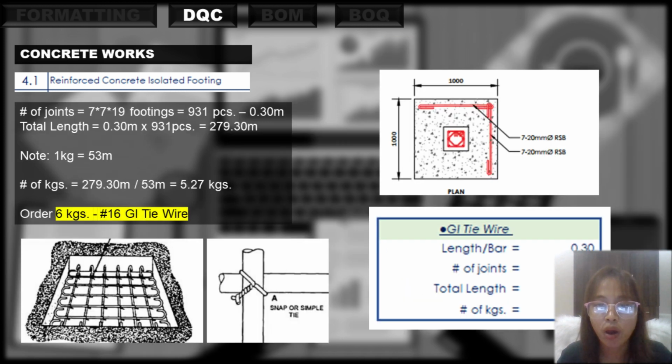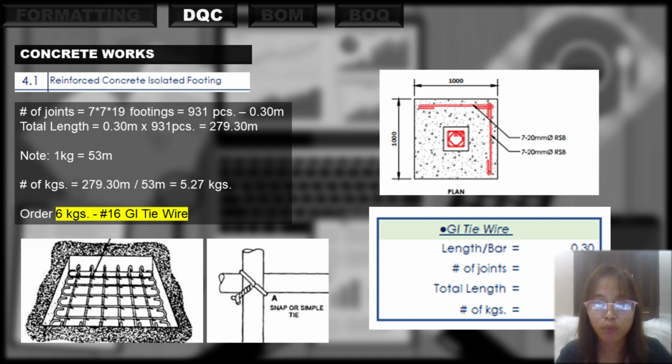Computation of GI tie wire starts with computing the number of joints, 7 times 7 times 19 footings. Note that per tie, we have 0.30 meters minimum length. Total length then is 0.3 meters times 931 pieces equals to 279.30 meters.